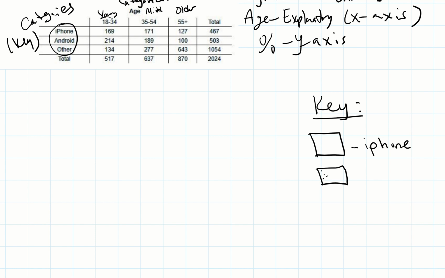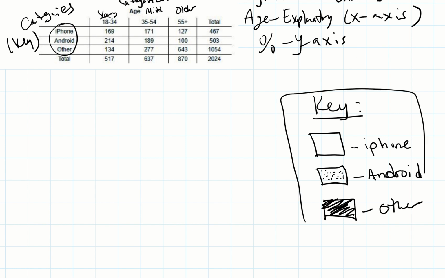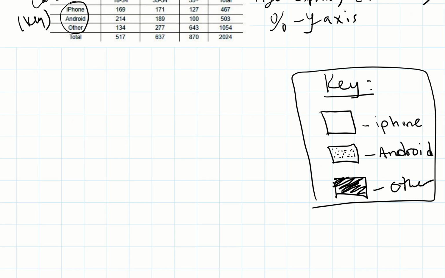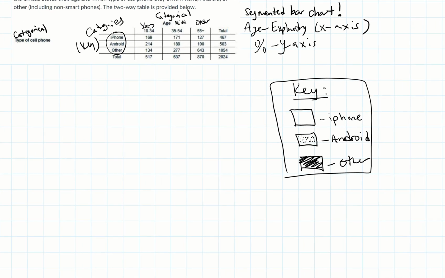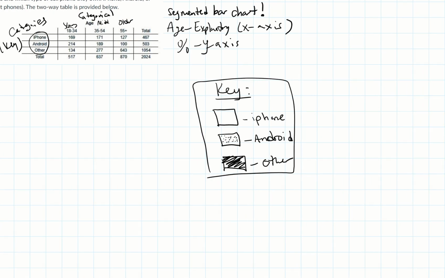A dotted texture will represent Android. And then a filled in texture will represent other. You get to decide that, but this is my key for my categories. Now I'm going to make my segmented bar chart. But before I do that, I need to calculate my percentages. Let's do that off to the side here.